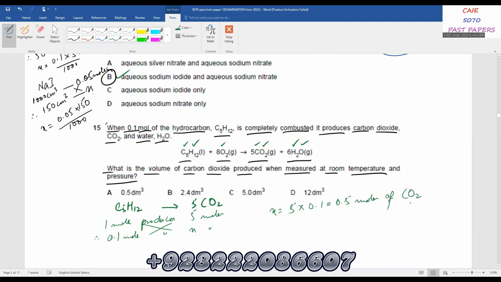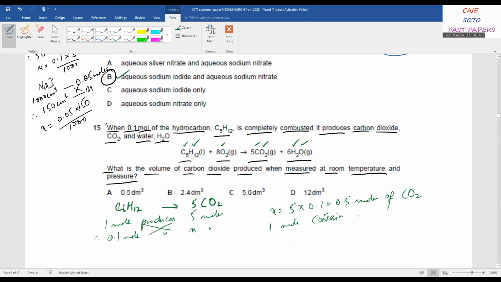We know that at RTP, for any gas, 1 mole contains 24 dm cube. So 1 mole contains 24 dm cube.